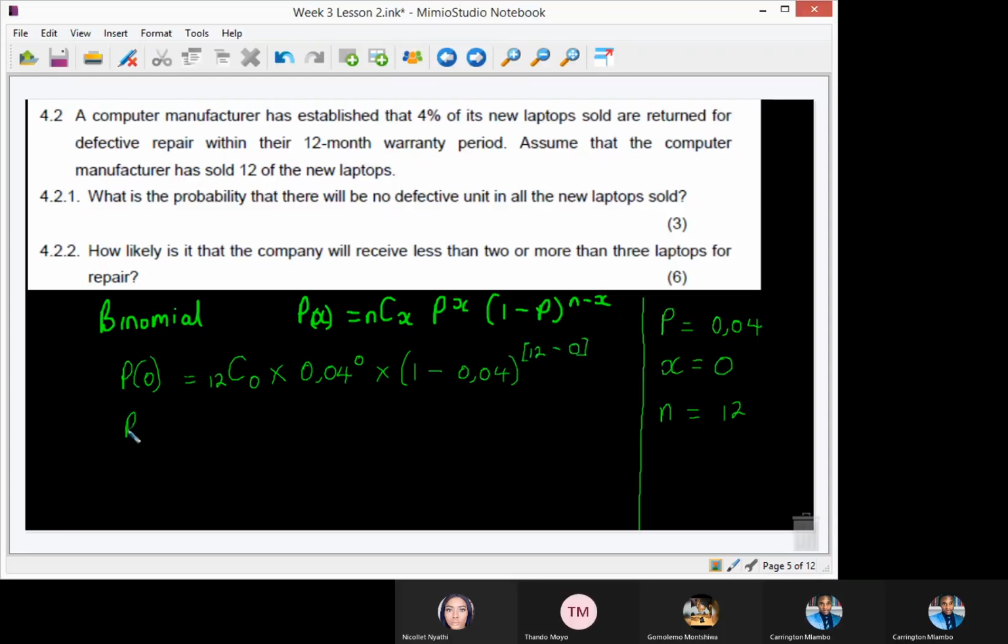Then let's solve. Probability that there won't be any defective is equal to, then you can take your calculator, 12C0 times 0.04 to the power 0 times 1 minus 0.04 to the power 12 minus 0, which is 12. Then you get 0.613 if we round up.